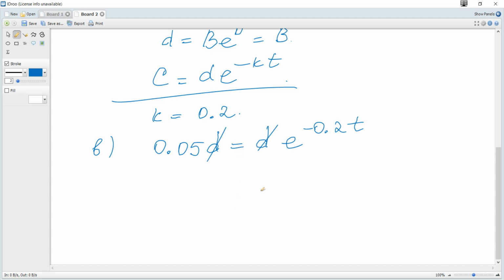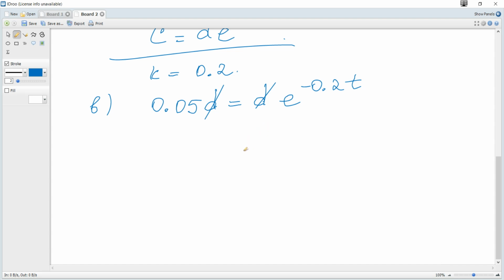And you may use a calculator, plot two graphs and find the point of intersection, or plot one graph, e to this power minus 0.05, and find the x-intercept. Or I apply ln to get ln of 0.05 is equal to ln of this e, but it becomes negative 0.2 t ln of e, which is 1.